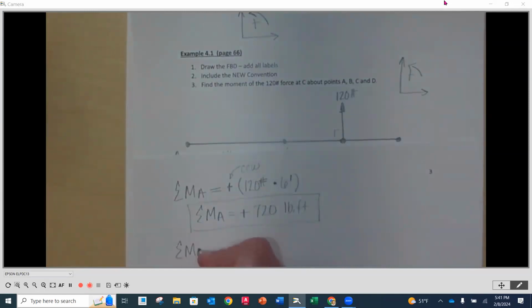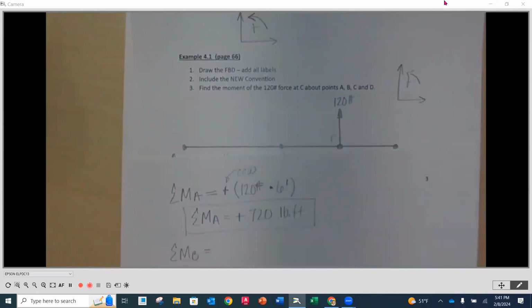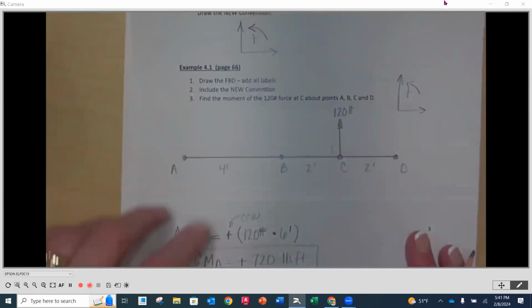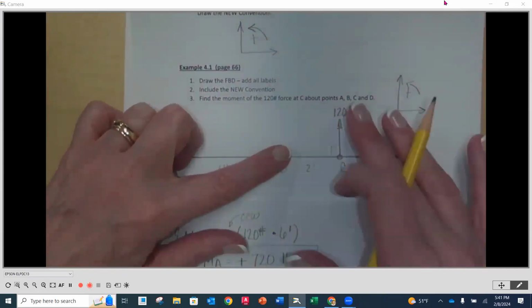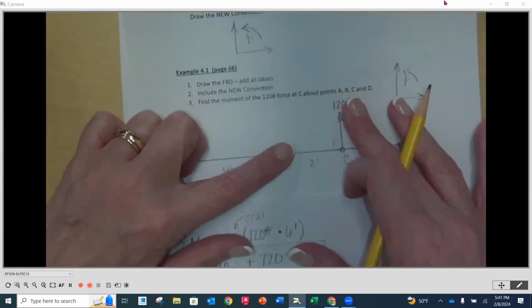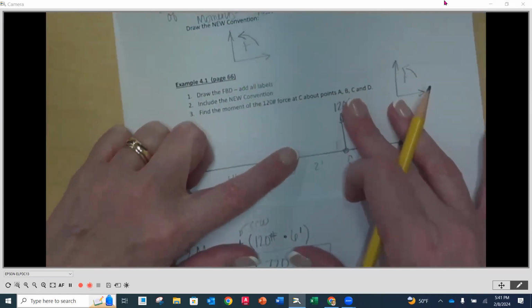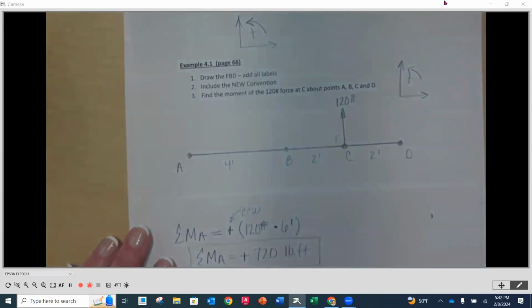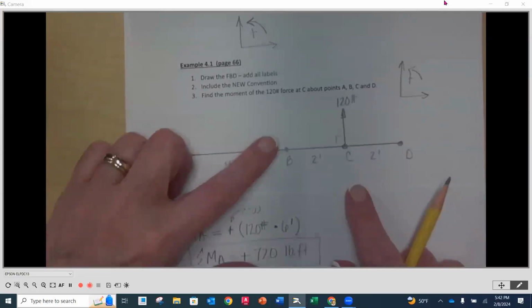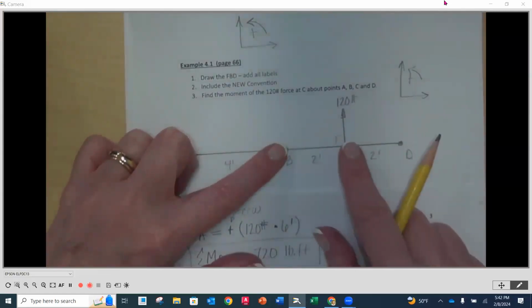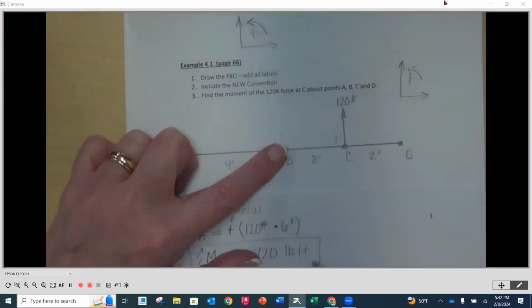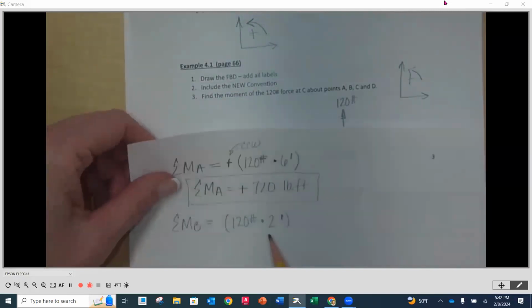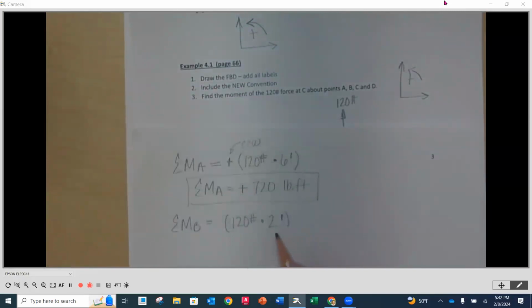Sum of my moments around point B is equal to. So now we're going to move our finger down to point B, and we're going to do that same thing. We're going to push in the direction of that force. It's causing rotation still, okay? So we're going to start our parentheses, 120 pounds times the perpendicular distance from B. 2 feet this time, right? So 2 feet. Okay, and then I'm going to close my parentheses.